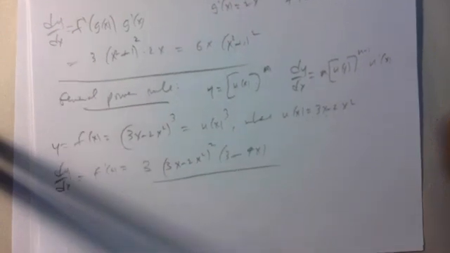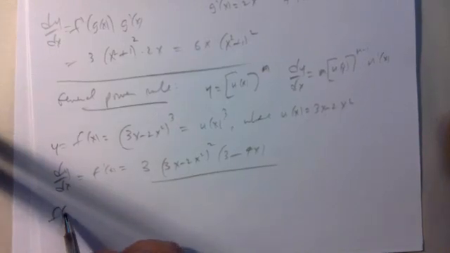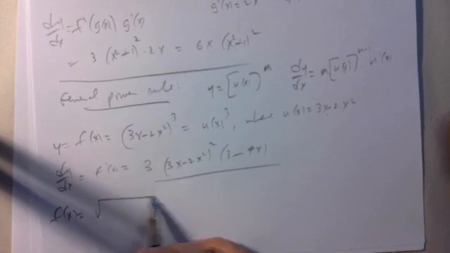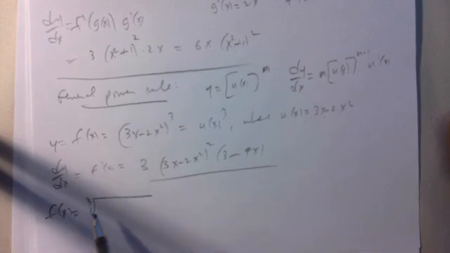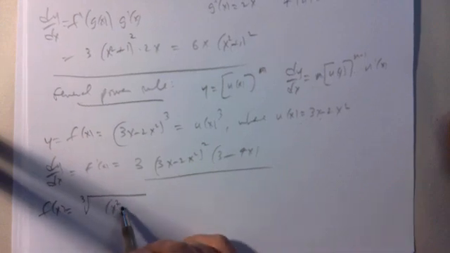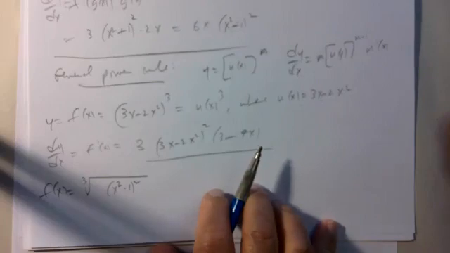And the powers, of course, don't have to be positive integers. They can be fractions, they can be negative, whatever they might be. So for example, suppose f of x is the cube root of x squared minus 1, squared.